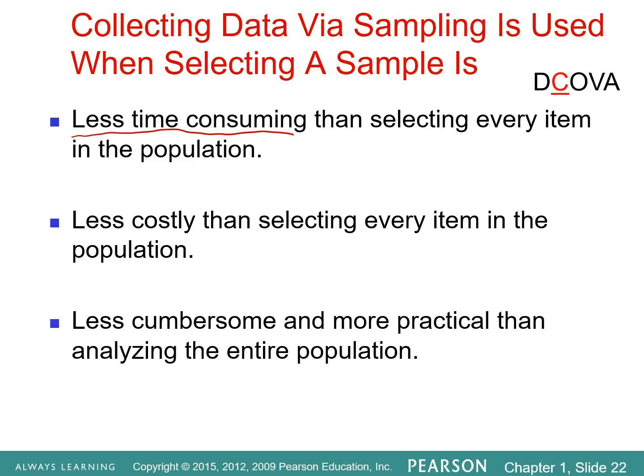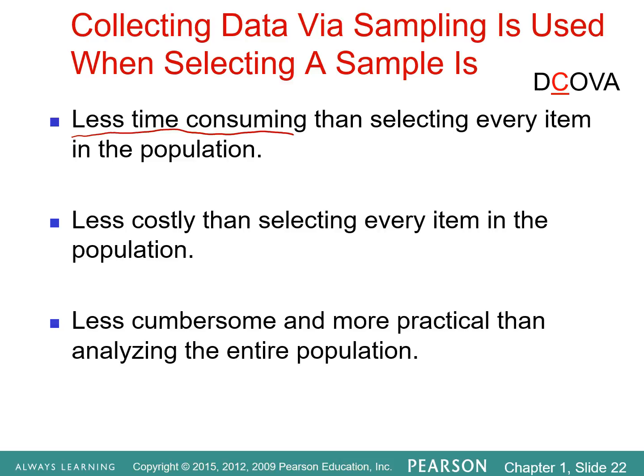It's less costly, right? Time is money, right? You have to pay people, you have to either administrate the volunteers or organize the volunteers, and you have to file all of this information somewhere. It costs more money the longer it takes to do a survey, and it's less cumbersome, right? It's more practical than surveying the entire population.